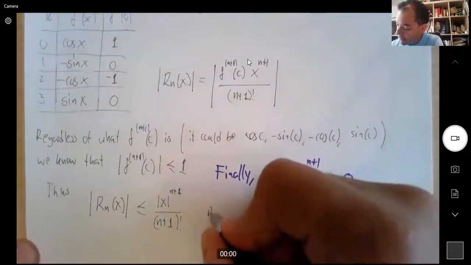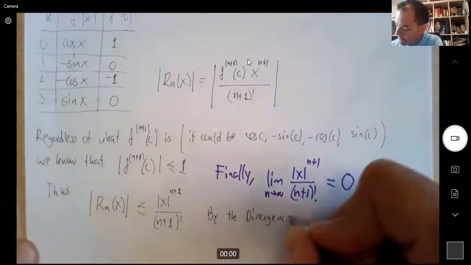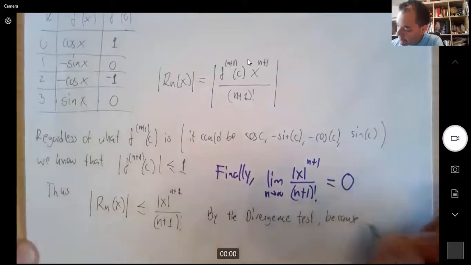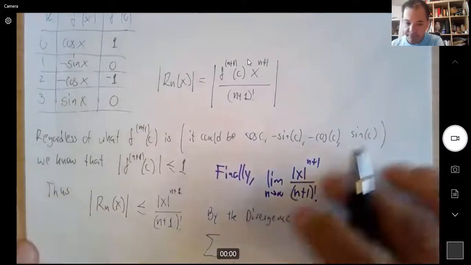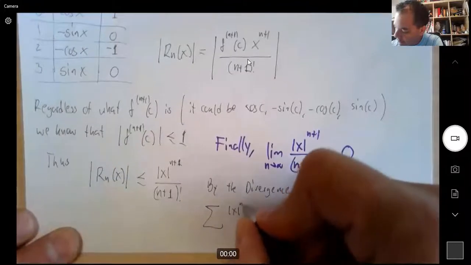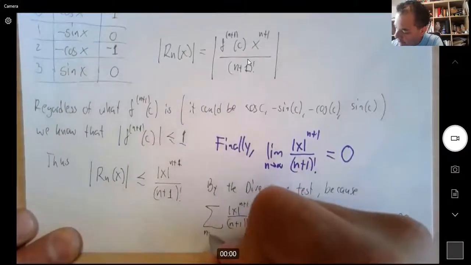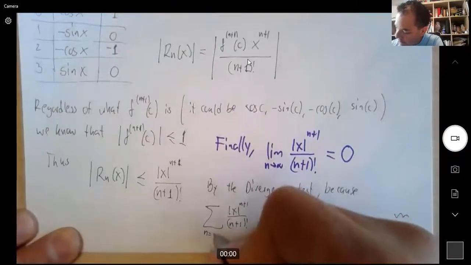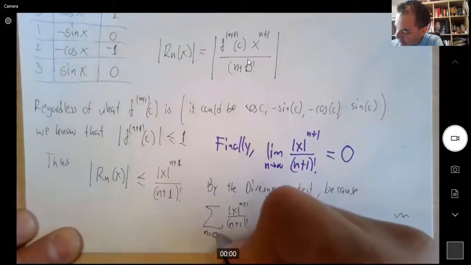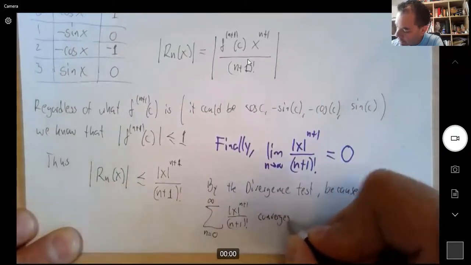So by the divergence test, because this series, the series x to the n plus 1 over n plus 1 factorial from n equals 0 to infinity converges for all x.